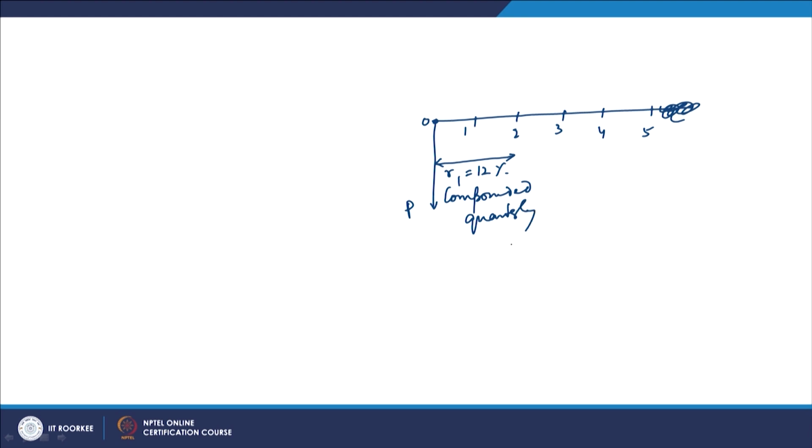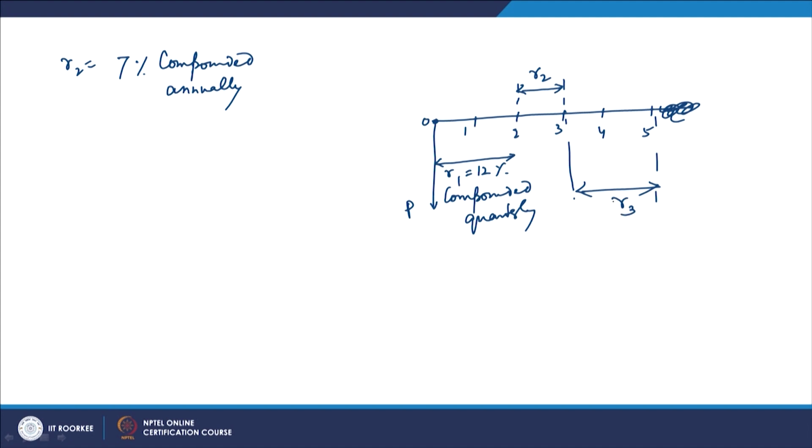Then between 2 and 3 you have R2 defined, and R2 is 7% compounded annually. Then between 3 and 5 you have R3, and this R3 is 10% compounded annually.